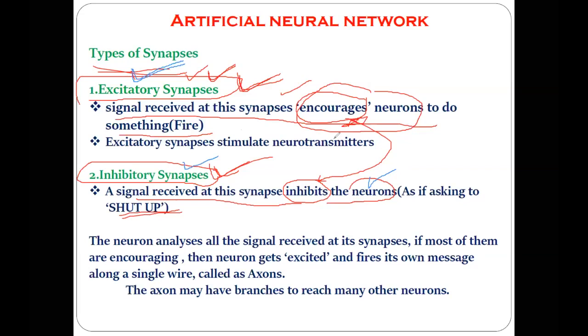What do the inhibitory synapses do? Do they encourage the neurons or discourage the neurons? Discourage. It prohibits the neurons, it inhibits the neurons, it discourages the neurons from doing something. Understood?